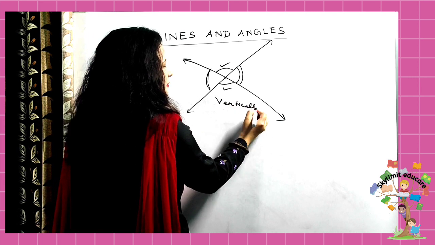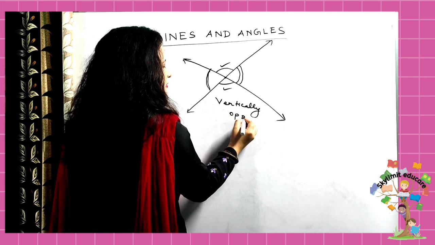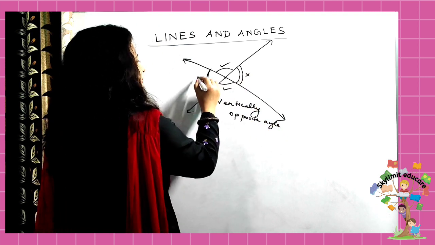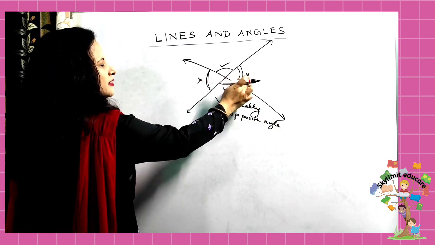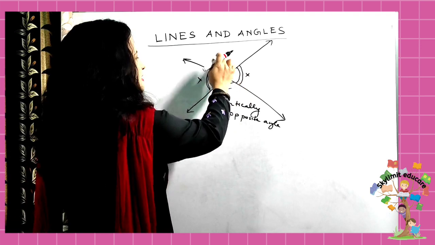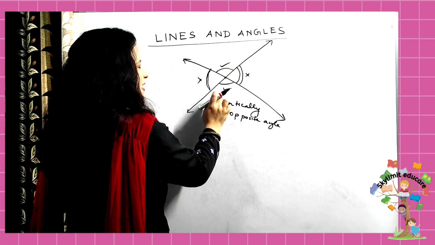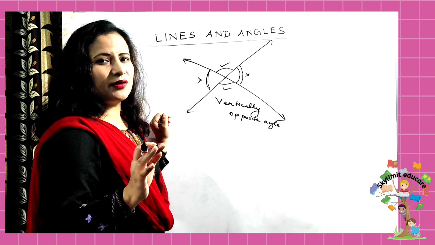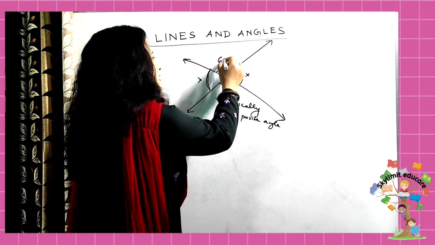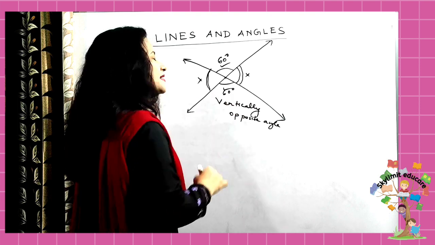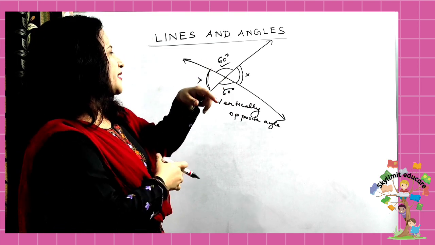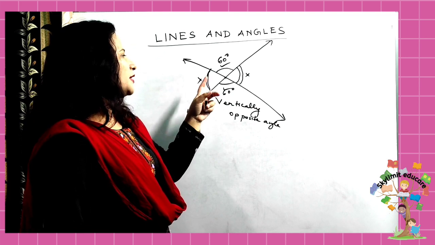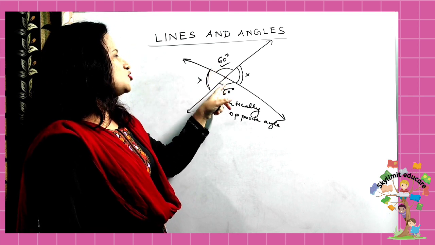Vertically opposite angles. Okay. And this pair is called vertically opposite, and this pair is called vertically opposite angles. And remember, students, vertically opposite angles are always equal to each other, right? Okay. Suppose if this is 60 degree, then this will also be 60 degree, right? So when two straight lines intersect each other at a point, then four angles are formed. They are vertically opposite to each other. These two are vertically opposite.